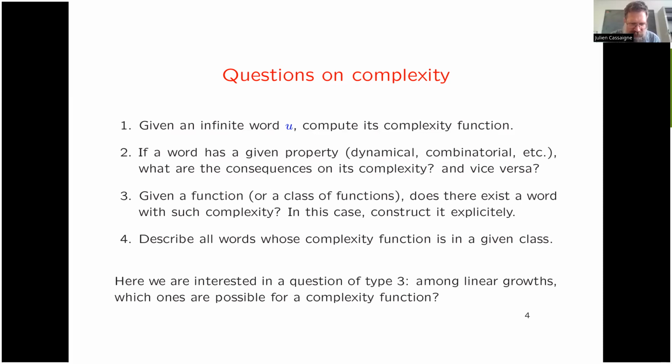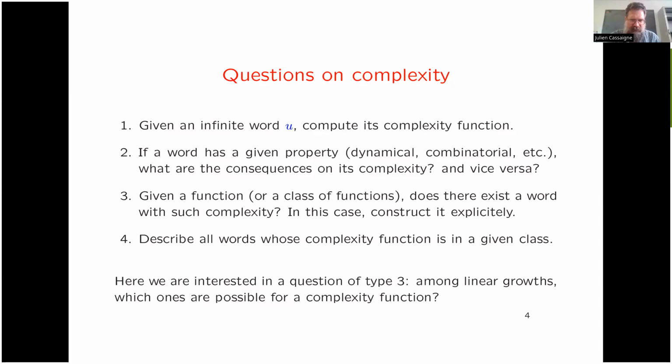The third kind of problem goes the reverse way. You fix a class of functions, or just a single function, and you want to describe the infinite word that produces this function as a complexity function, or that produces a function in this class. If it exists, make an explicit construction.